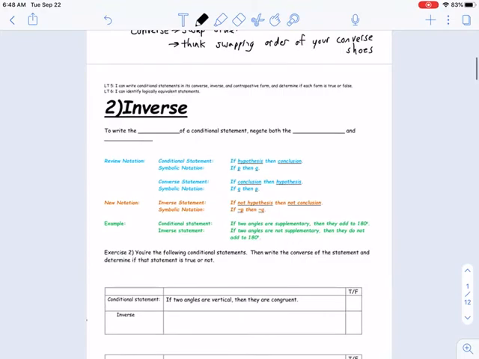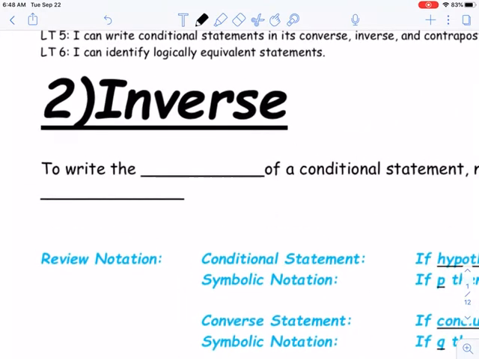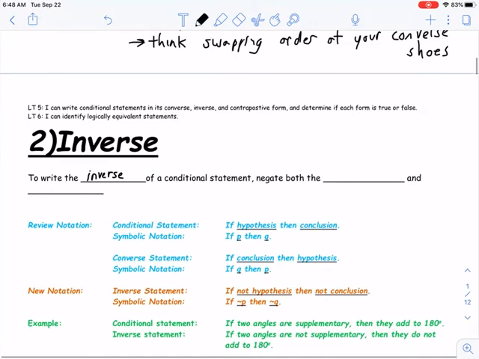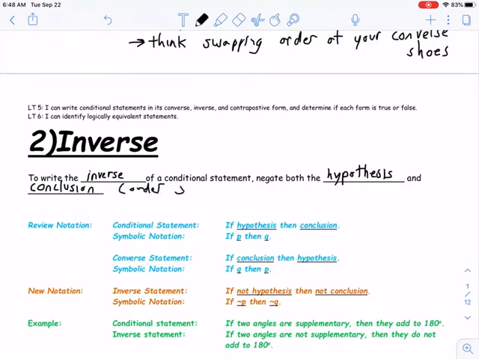Number two, inverse. Alright, to write the inverse of a conditional statement, you're going to negate both the hypothesis and conclusion. Alright, so the order stays the same. I'm going to write that. Order stays the same.